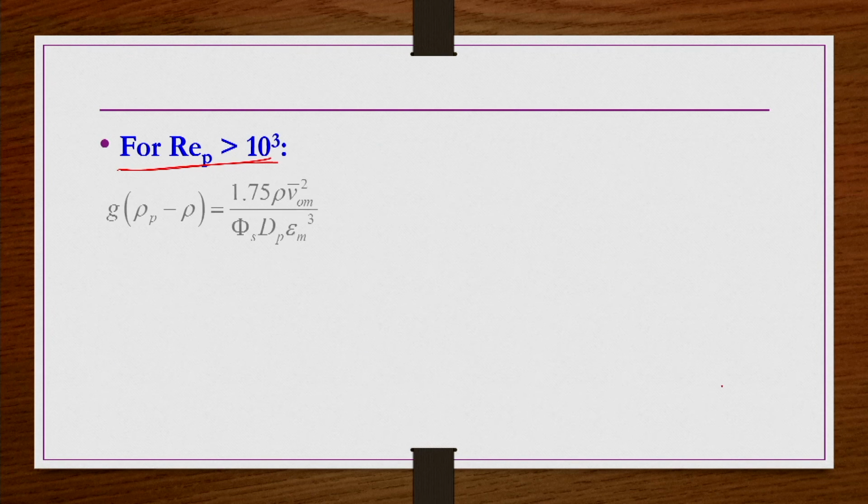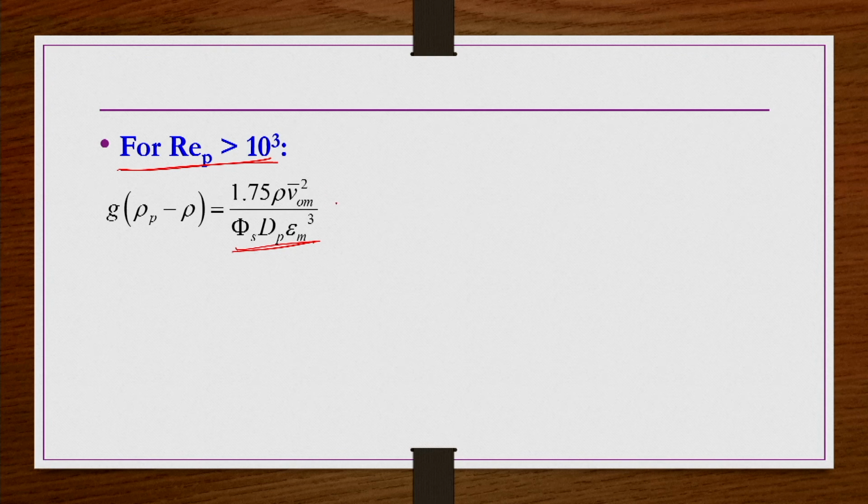Okay. For high Reynolds number conditions, the kinetic losses are important. So, on the right hand side of the Ergun equation we are taking only the second term, and on the left hand side delta p by L we are replacing by g delta rho multiplied by 1 minus epsilon m.